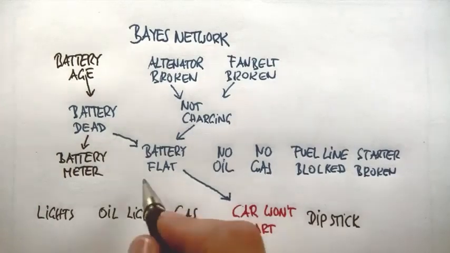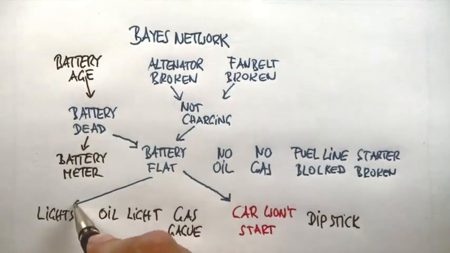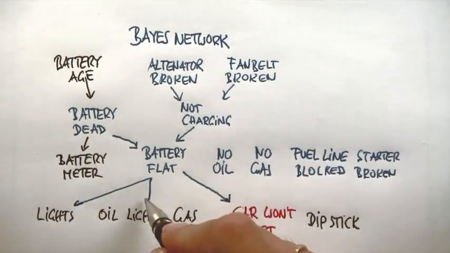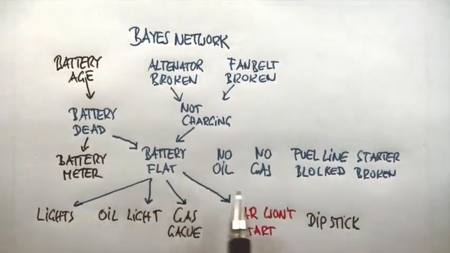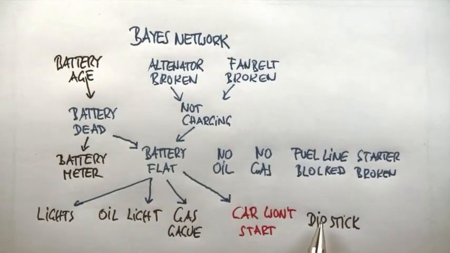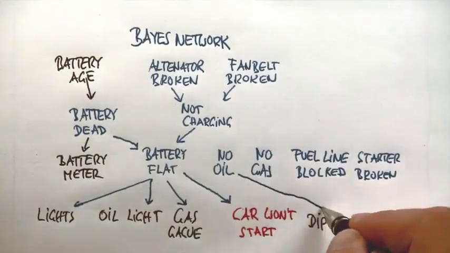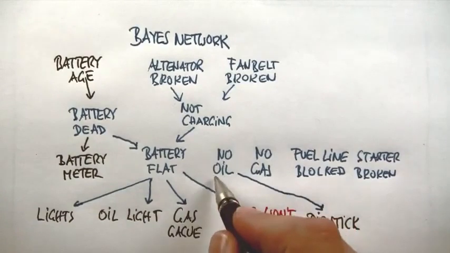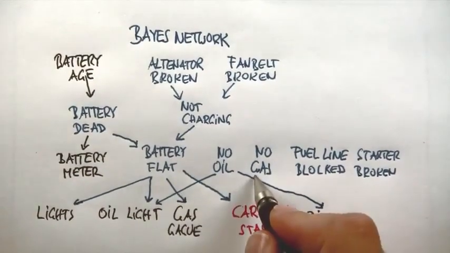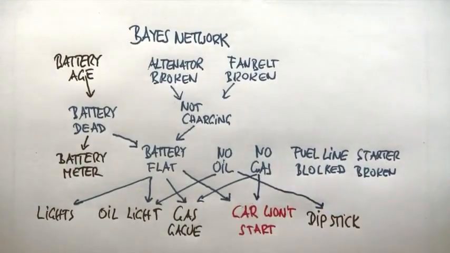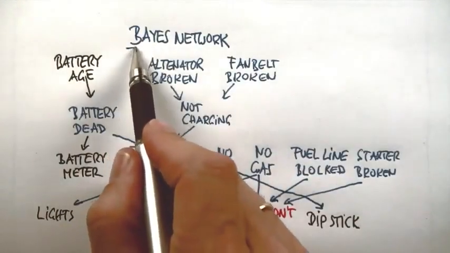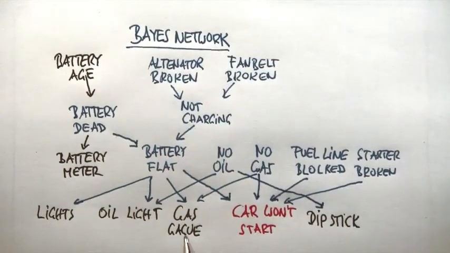For example, the battery flat will have an effect on the lights. It might have an effect on the oil light and on the gas gauge, but it won't really affect the oil you measure with a dipstick. That is affected by the actual oil level, which also affects the oil light. Gas will affect the gas gauge, and of course without gas the car doesn't start. So this is a complicated structure that really describes one way to understand how a car doesn't start.